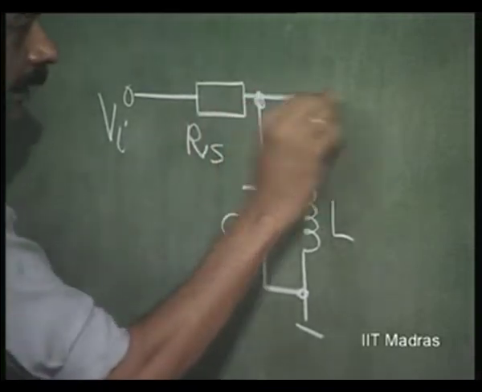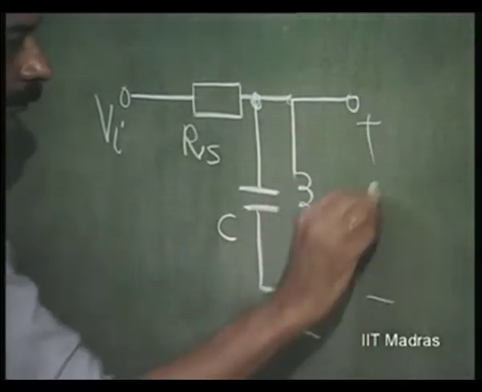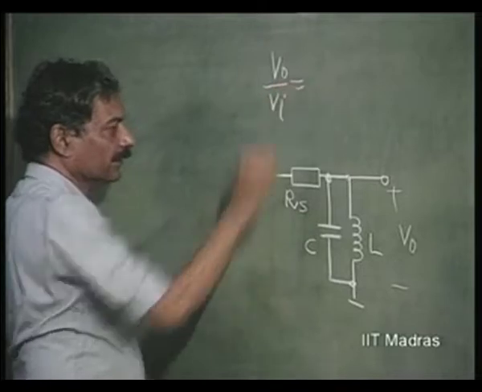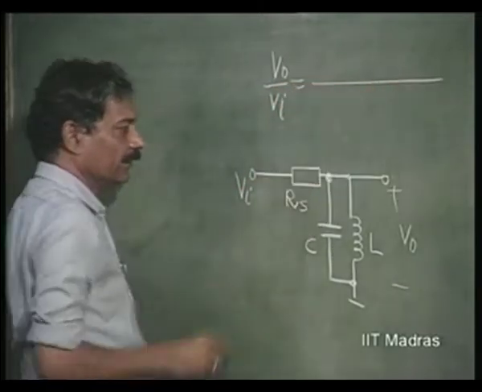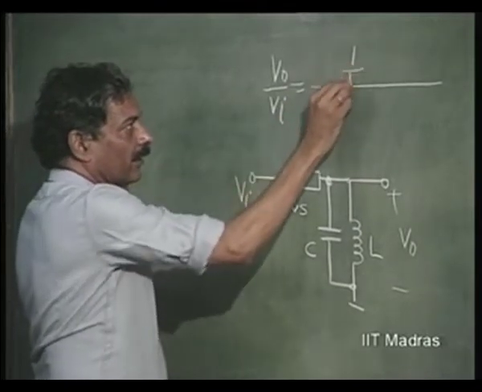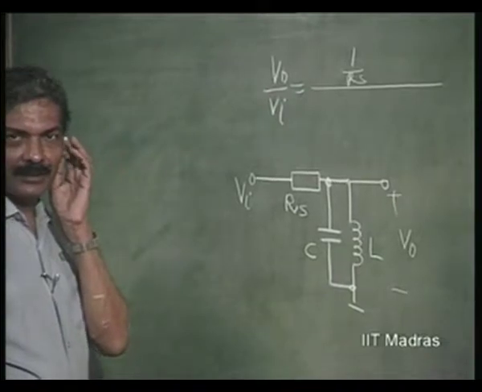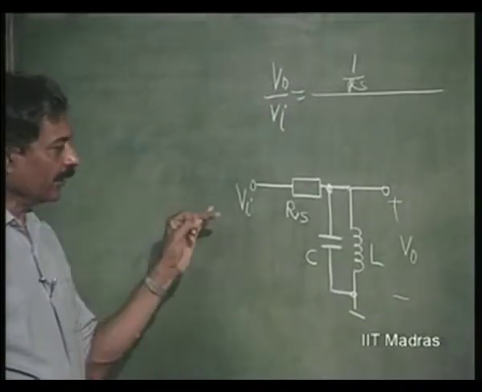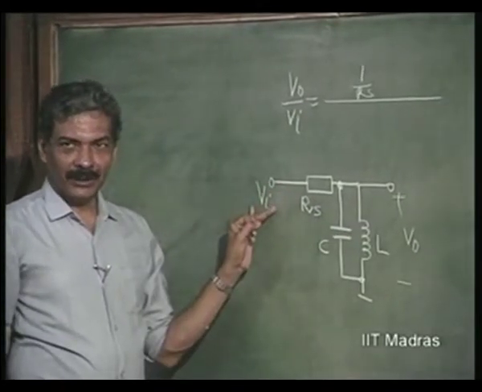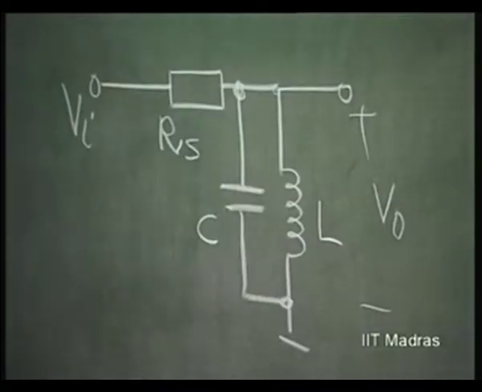So, if I now take the output here, V naught divided by Vi is the transfer function of this. The conductance linking the output with the input, okay, this is one way to write it down easily, divided by the total admittances, right.